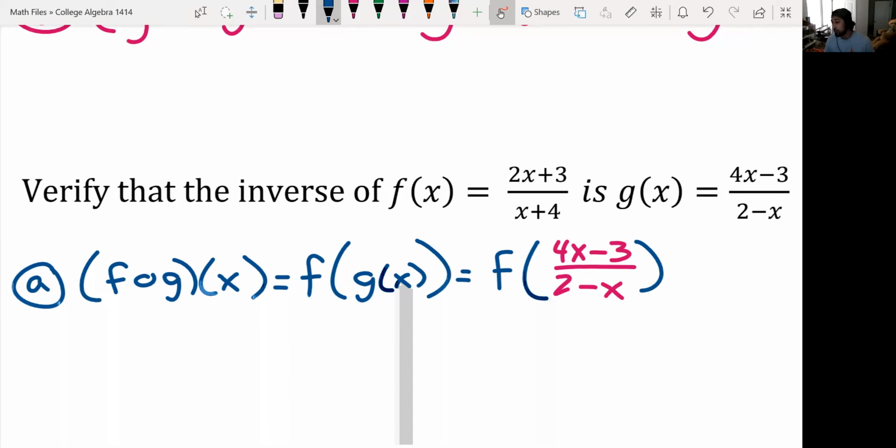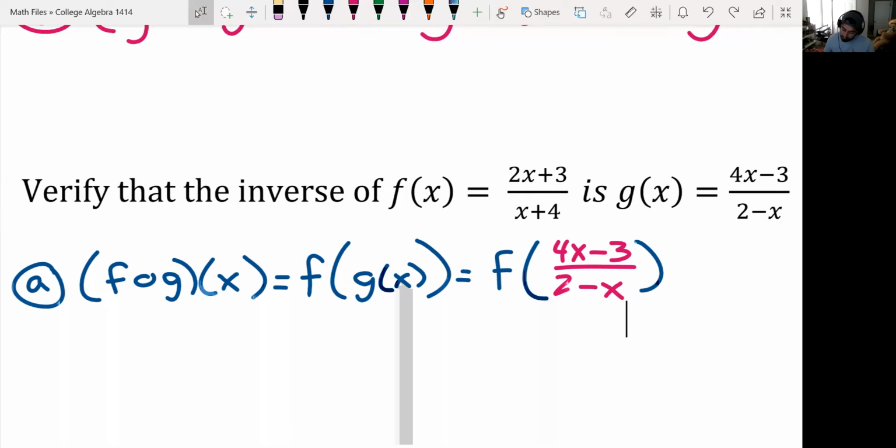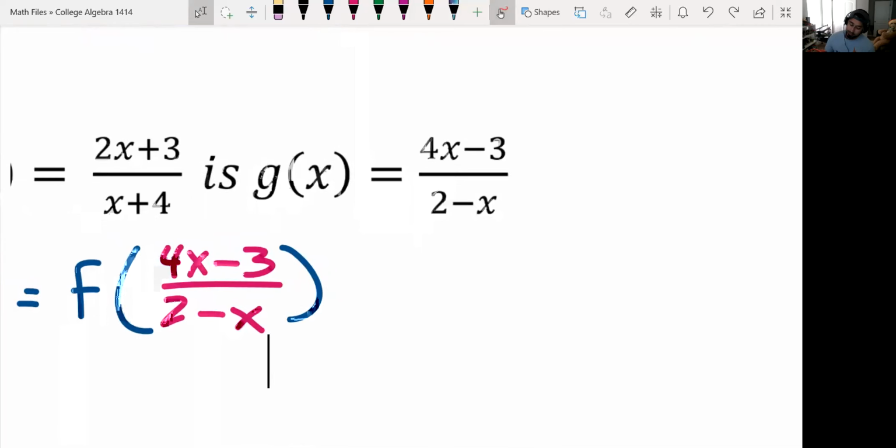Okay, and I'm choosing a different color because this is gonna get messy. You're gonna take a fraction and plug it into the other fraction for every x. So yes, all of this gets plugged in for that x and that x. Okay, so be careful when plugging this in.